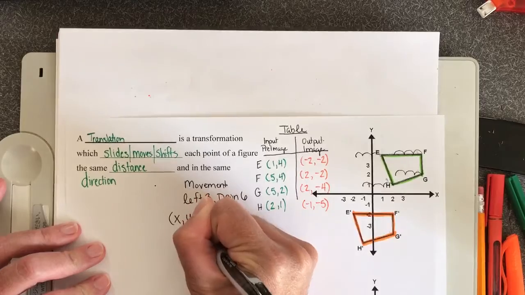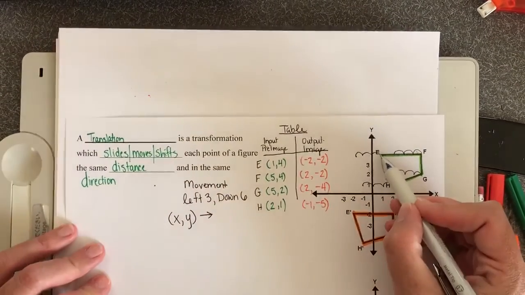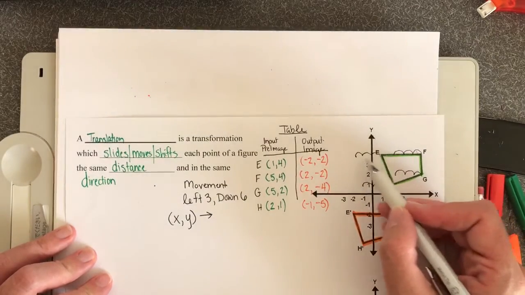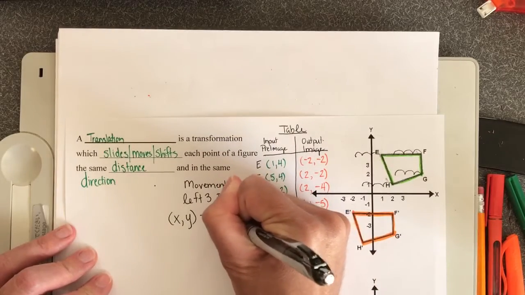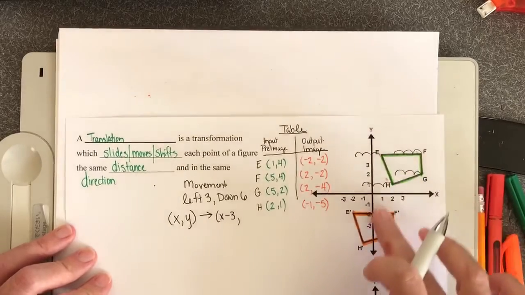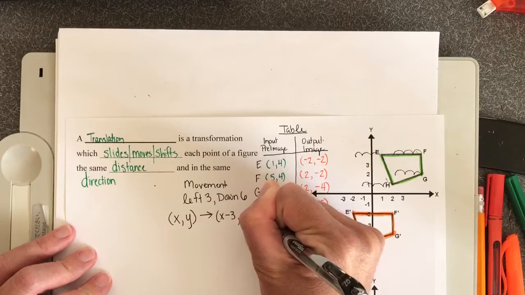So how do I write that as an algebraic rule? Well, my original points (x, y): my x values appeared to go left 3, minus 3, so we're going to subtract 3 from the x. And by going down 6, we're taking 6 away from the y, so we're going to subtract 6 from the y.